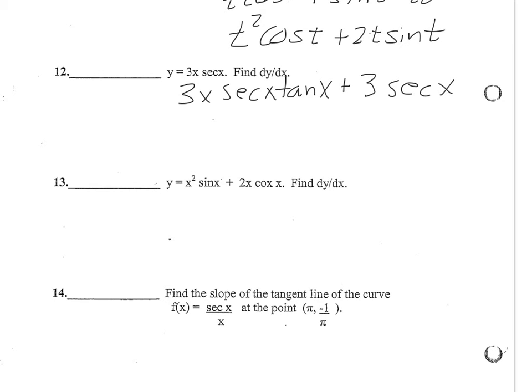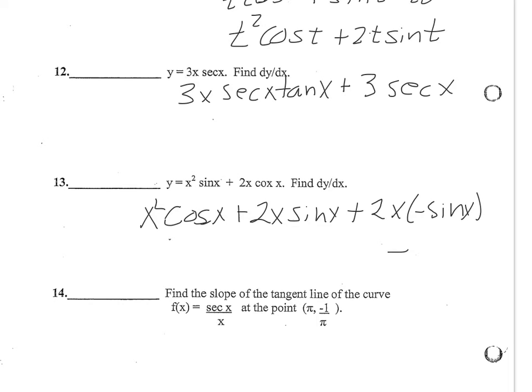Number 13, okay, I have two product rules. We'll do the first one, so it's the x squared cosine of x plus 2x sine x, plus 2x, and that's supposed to be cosine, that's not cos x, it should be negative sine x then, plus 2 cosine x, right?